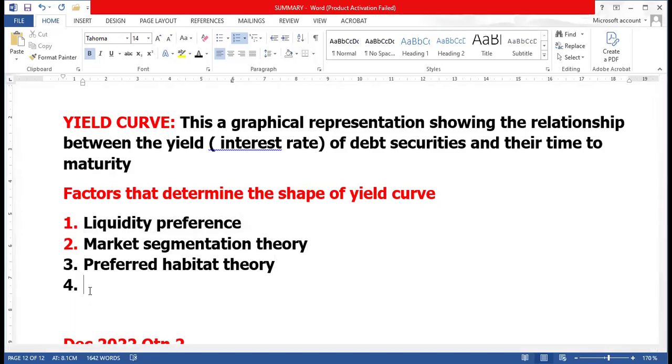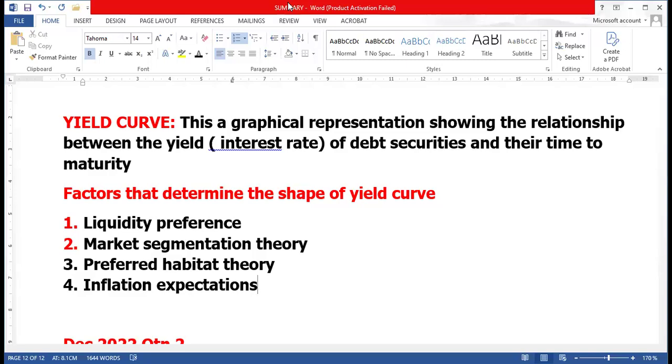Okay. Then someone in the chat talked about inflation. Yes, it must be there. Inflation expectations can influence the shape, because inflation influences the interest rate, especially for long-term securities.